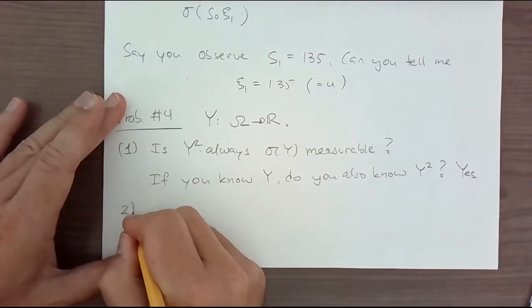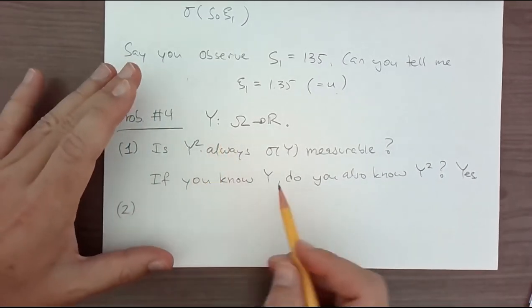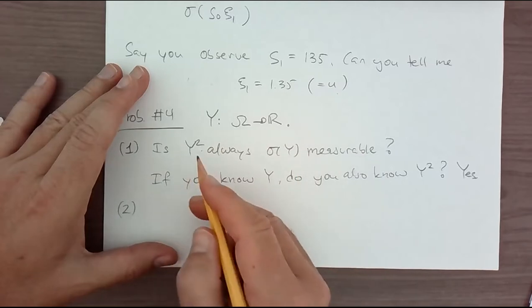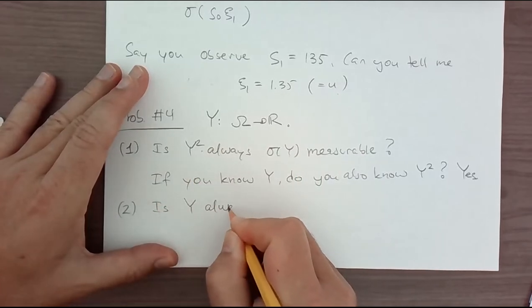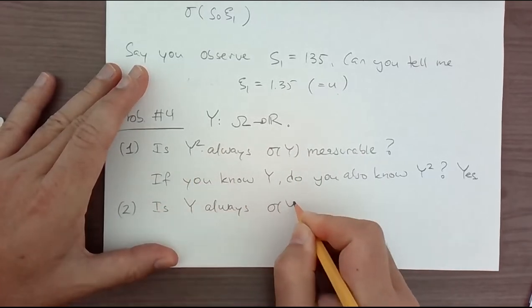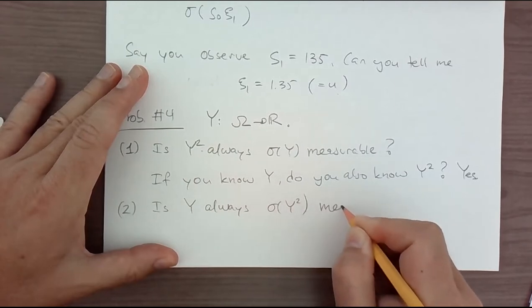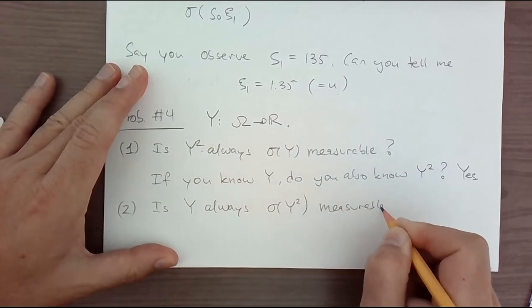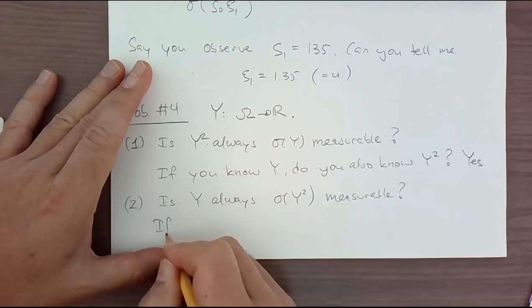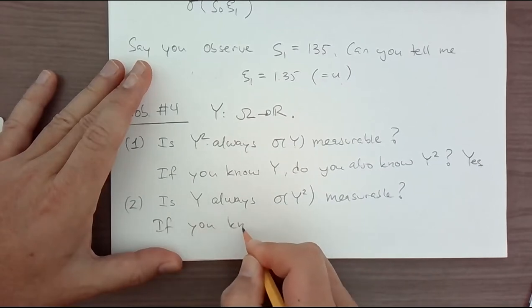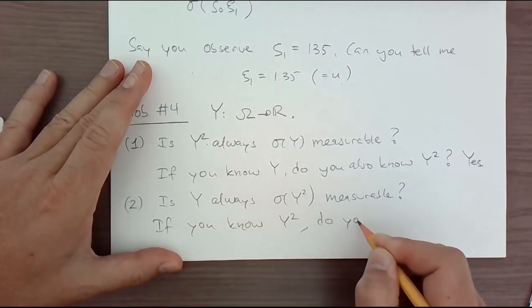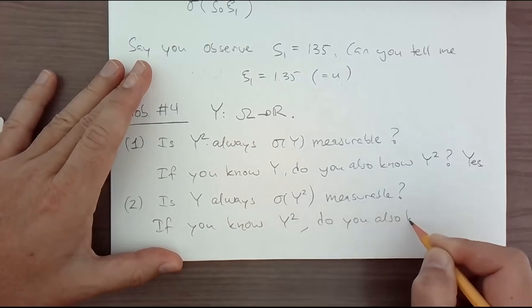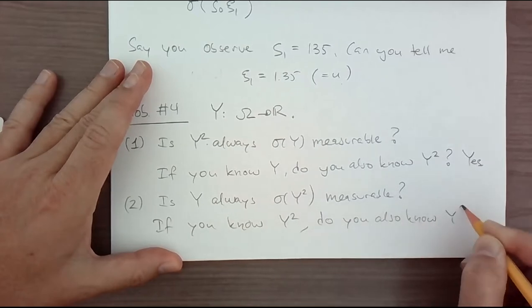And if I do 2, the only thing I flip now is I flip the squares. Is y always sigma y squared measurable? Right. So if you know y squared, do you also know y?